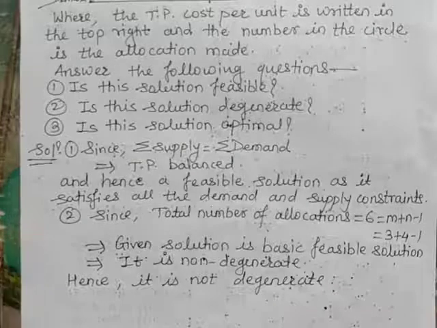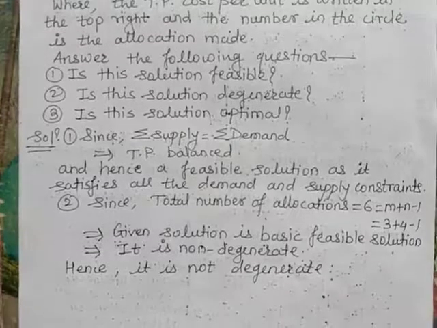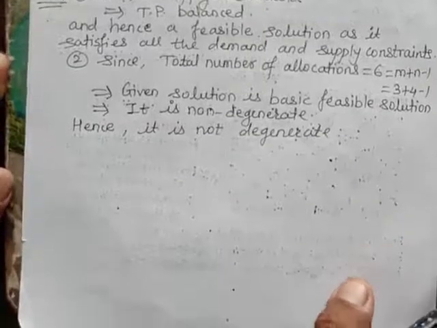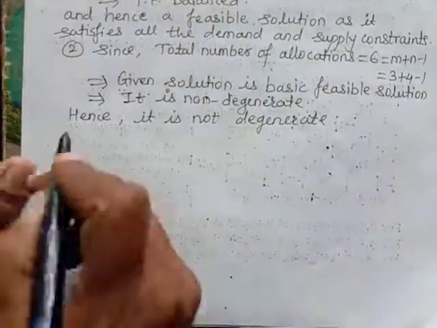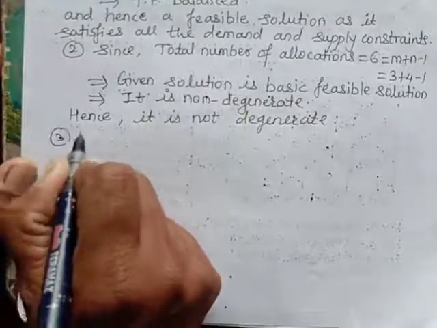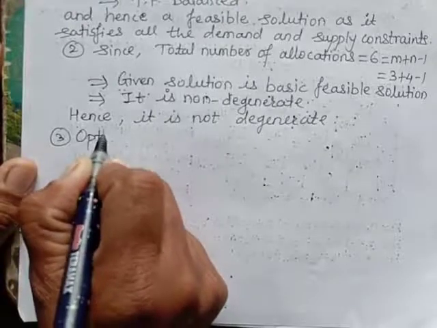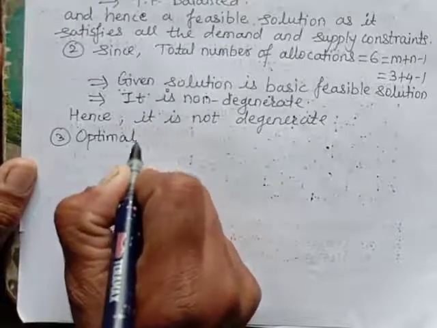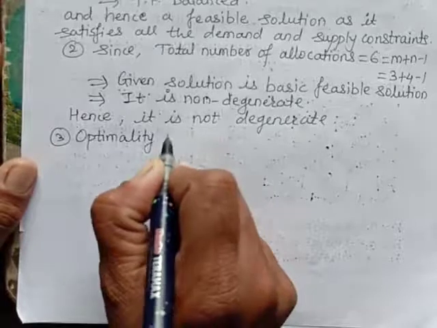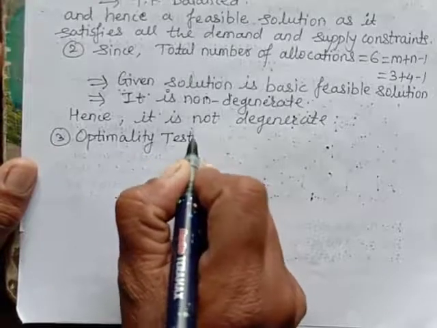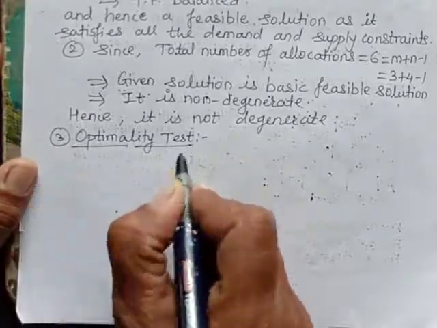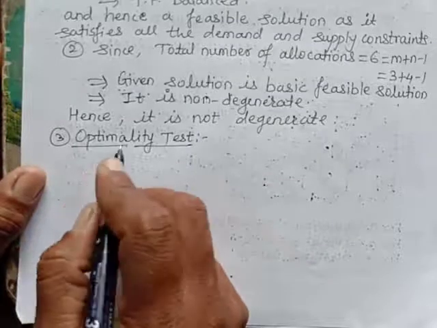Okay. Now for optimality, let's go for that. Third part, optimality test. So now let's prepare a table first.